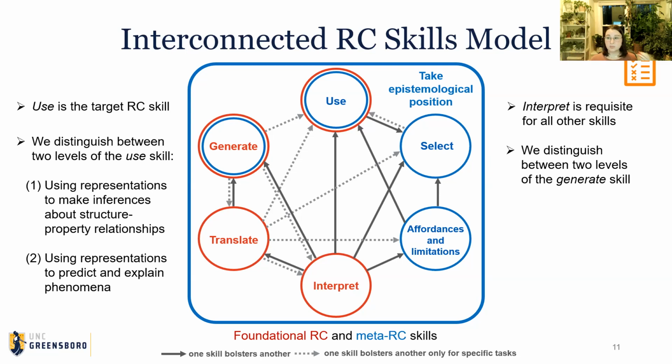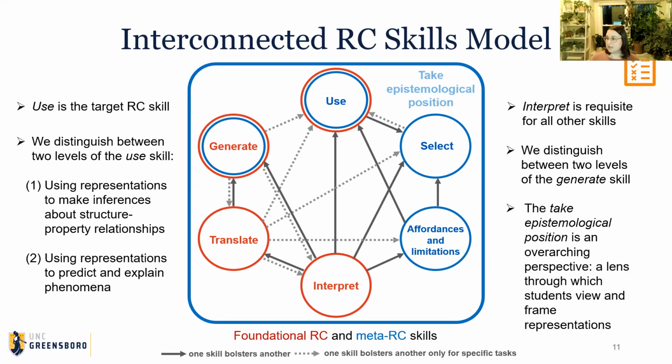That would be an example of a lower level generate skill. The higher level, meta level generate skill represents the ability to invent or design a new representation for a particular purpose, much like scientists do, right? So that's our differentiation there.